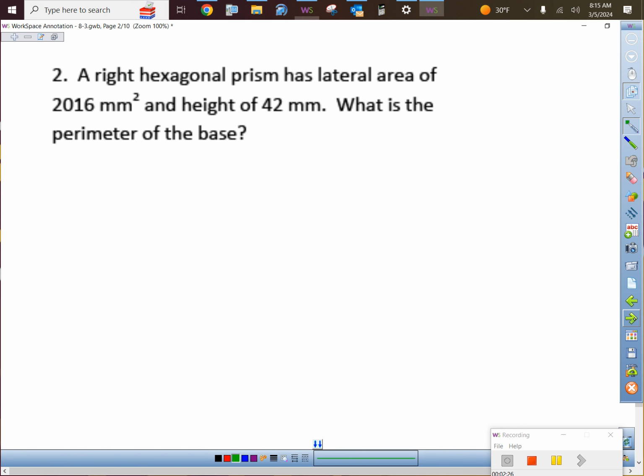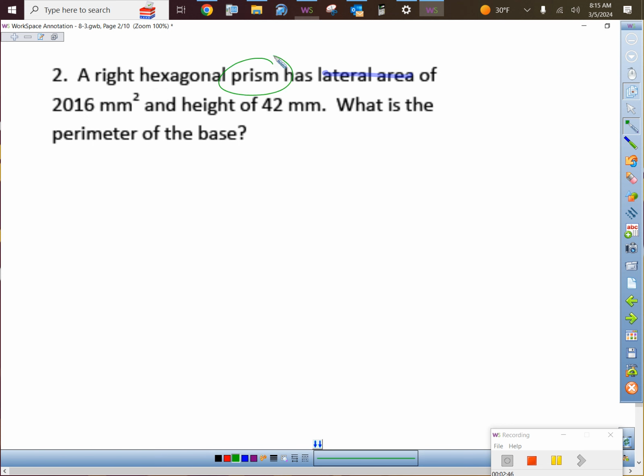So let's try again. Let's read what they give us here. A right hexagonal prism has a lateral area of 2016 millimeters squared and a height of 42 millimeters. What is the perimeter of the base? When they give you a major concept like lateral area, surface area, or volume, we will start with that formula. Even though it's a hexagonal prism, isn't it just a plain Jane prism?